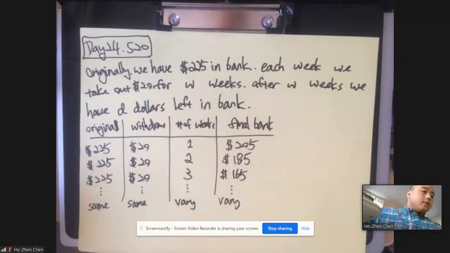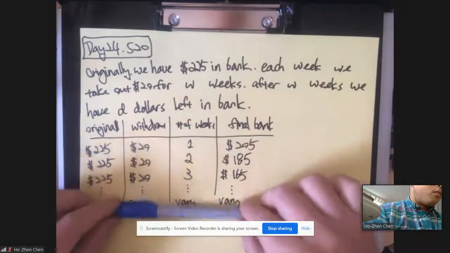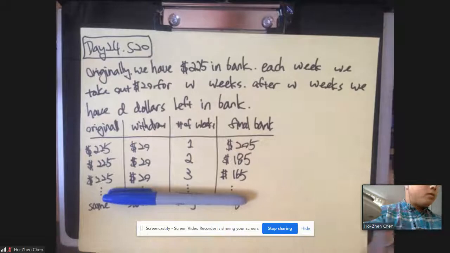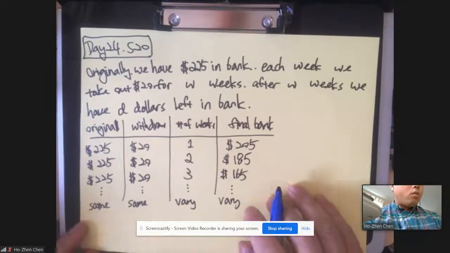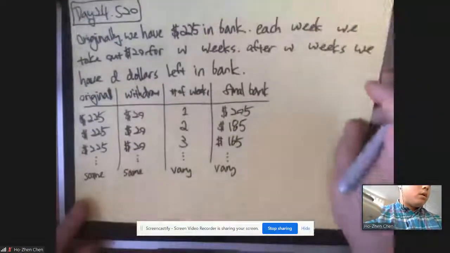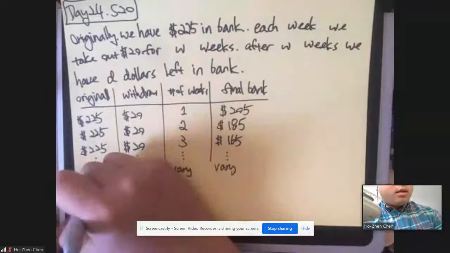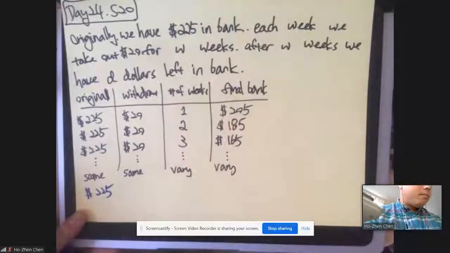If we look at the question statement, after any amount of weeks, if you're just trying to pick out a row and fill in the values, you can predict that 225 will remain the same.